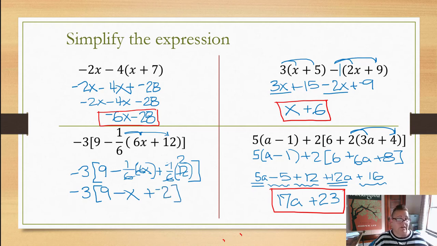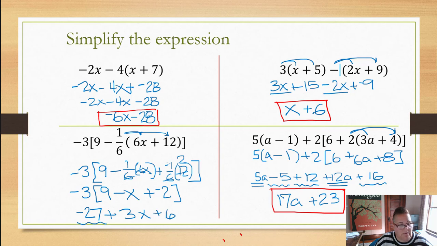I can distribute the -3 inside, or I can clean up the inside, whichever you would prefer. I'm just going to go ahead and distribute because I want to. Doesn't make a difference. So I'm going to have a -27. -3 times a -x is going to be a positive 3x. -3 times a -2 is going to be a plus 6.